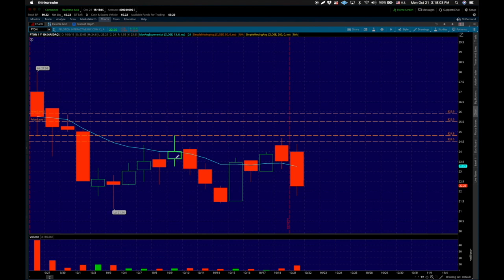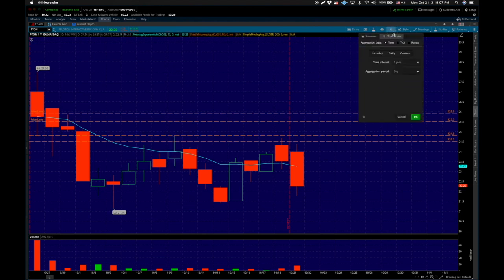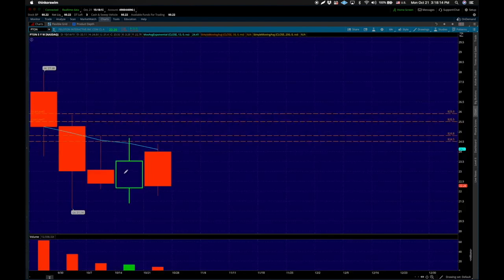So if you look here, 24.80 was the exact top, but if you switch back to the 5-year weekly time frame, you can see that 24.50 was intersected here on this week, almost touched on this one, and I think that print is from today, but it may not be.